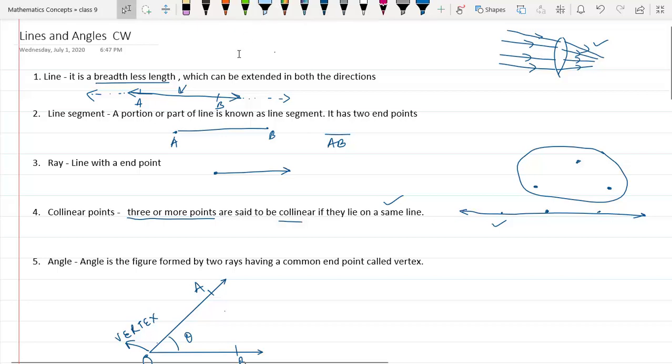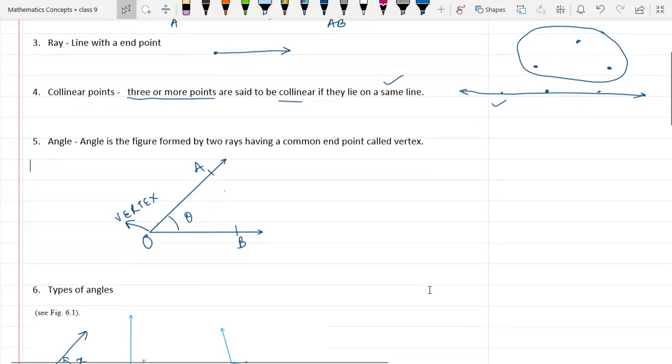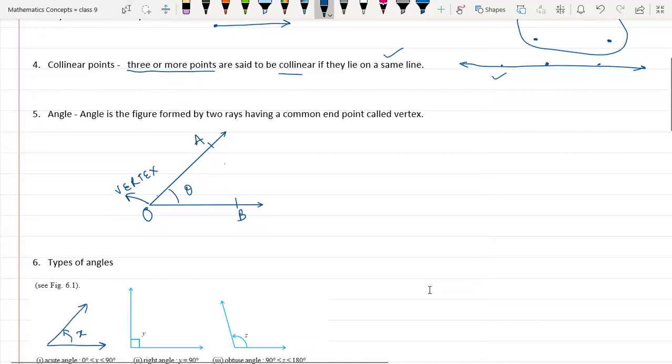Next is angle. What is an angle? As you can see, an angle is formed by 2 rays having a common endpoint called the vertex. Whenever we have a common vertex and 2 rays having this common vertex, an angle is formed. In this case, I have named the angle theta.